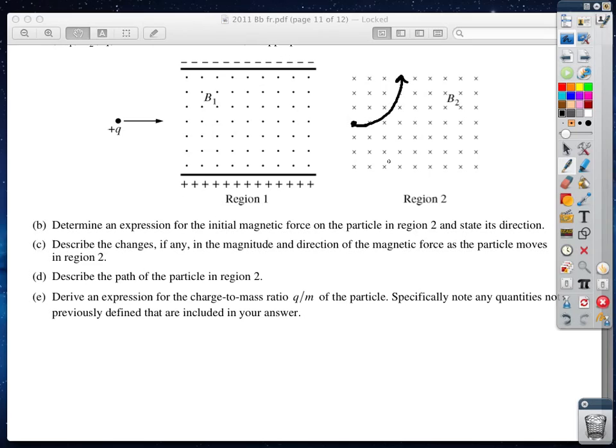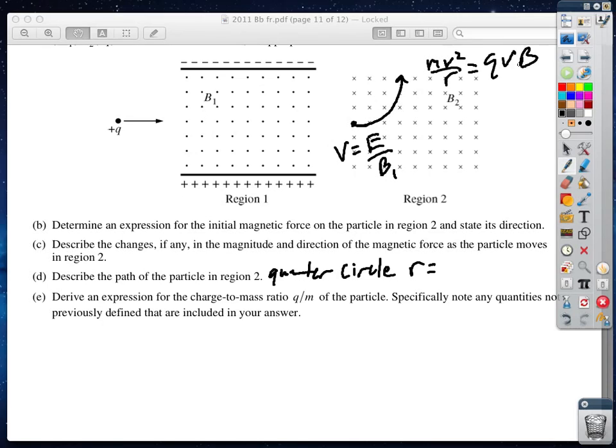And we could calculate that radius using the cyclotron equation, because if we're supposed to describe the path, we would want to say something like a quarter circle, and we want to say the radius. So we know the velocity when it hit here was E over B1, right? Okay, and then we know that mv squared over r is equal to qvb.